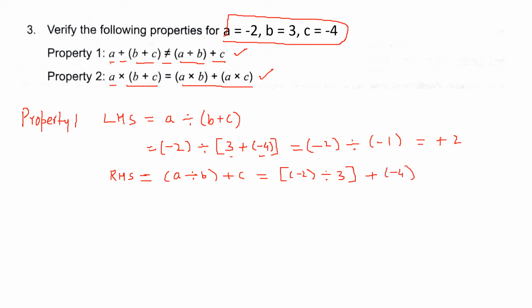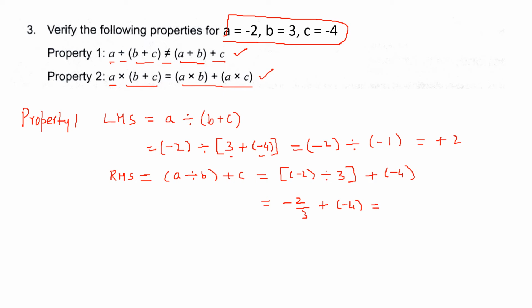Now this is actually -2 by 3. This is a fraction. This is not even an integer. -2 divided by 3 is not divisible, it will remain like a fraction only. And plus -4. So you can calculate the final result, but actually there is no need to.